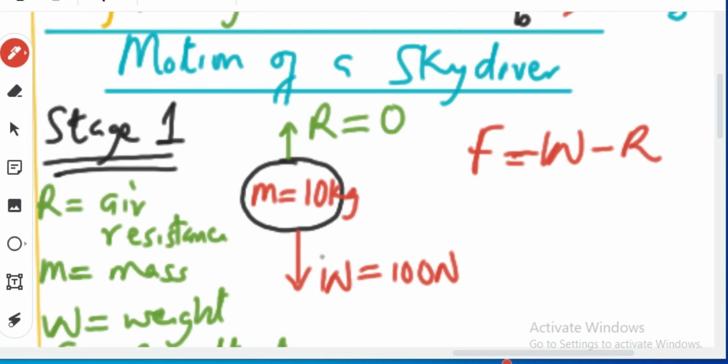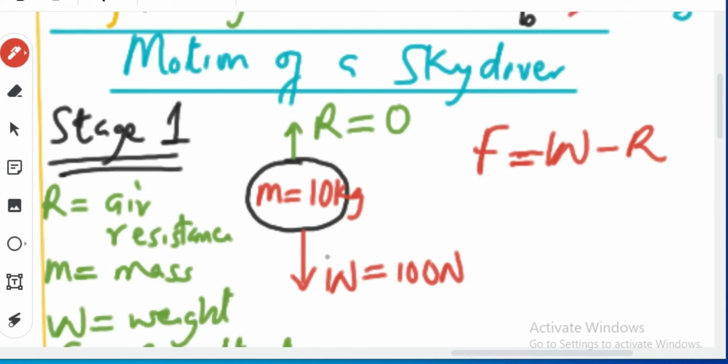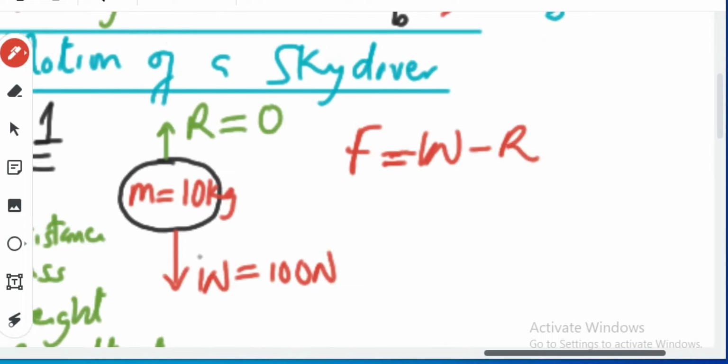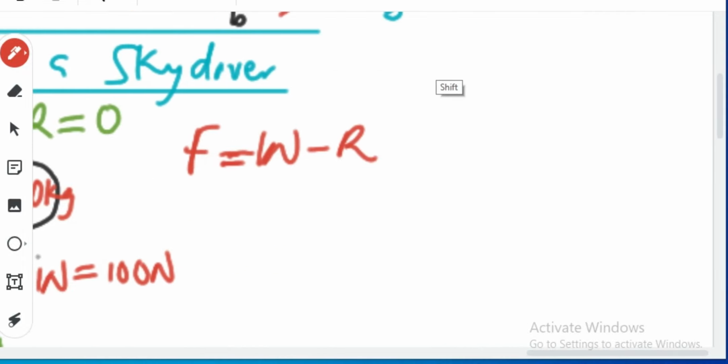Please listen very attentively. You know that resultant force is the net force of a system of forces. Okay, let me just run a very quick revision, so that you won't be confused again.